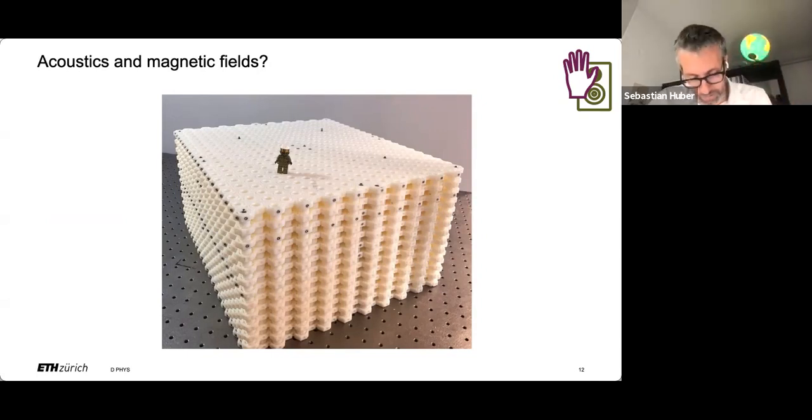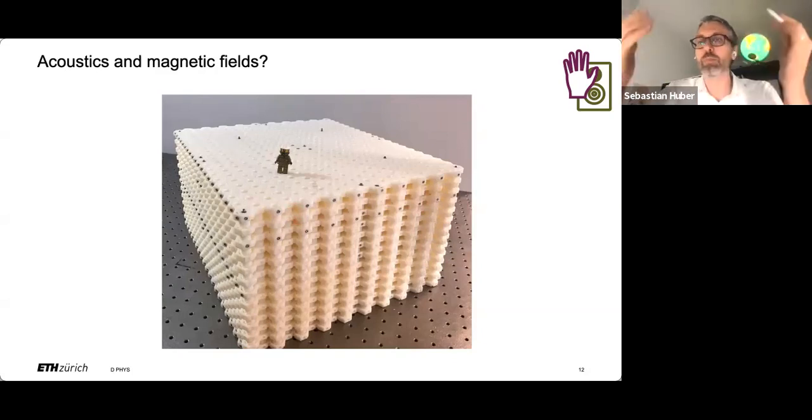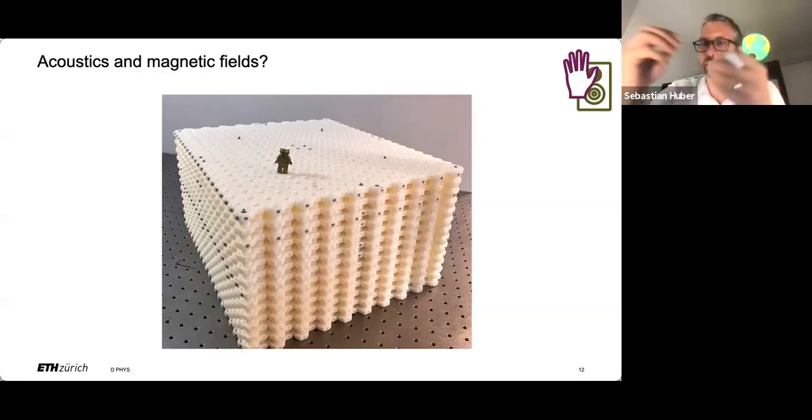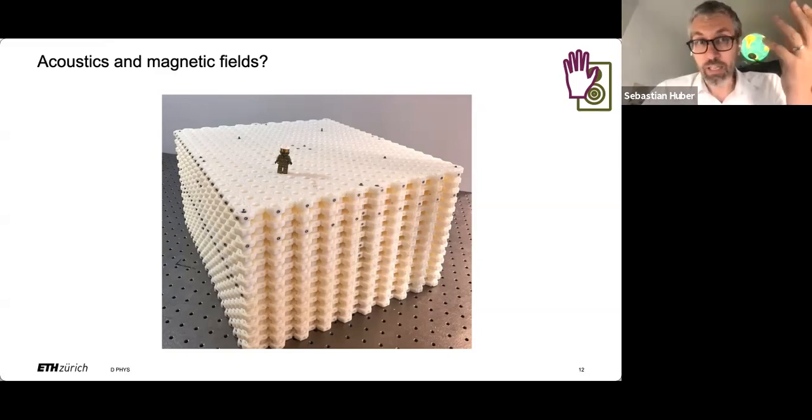In between this plastic, I have air, and the sound waves in this air should be my Weyl system. That should be described by 2 bands that touch somewhere. The problem is, how do I apply a magnetic field? Of course, I cannot, because magnetic fields act on charged particles, and my sound waves simply are not charged.